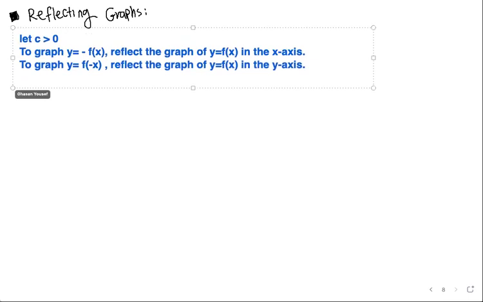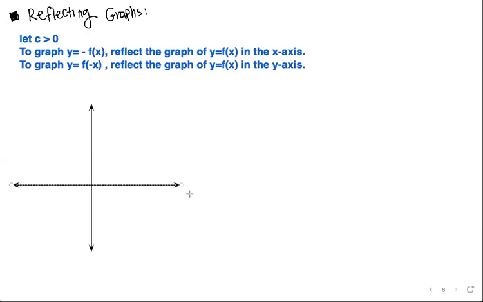Okay, what does that mean? Let me explain more. So this is my Cartesian plane, for example. And here is for the other function.